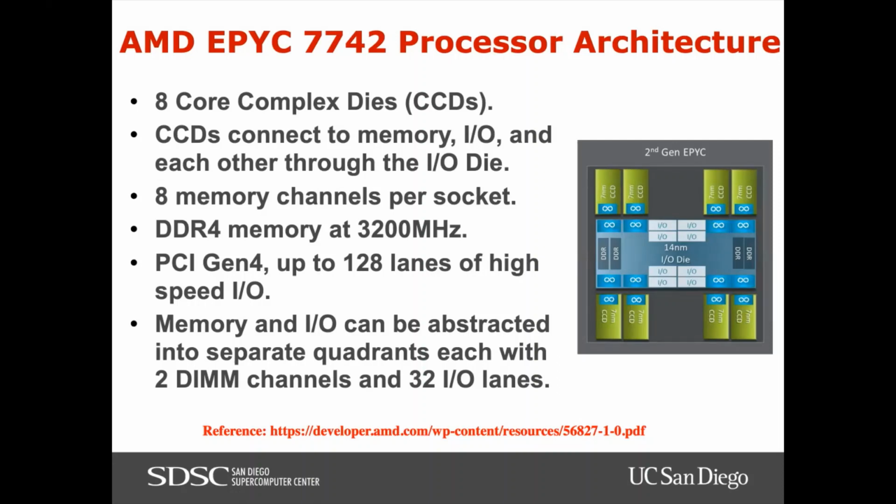And then the one other thing is the I/O devices, and this includes network, essentially, go through PCI Gen 4. And on Expanse, the network is associated with one of the sockets, and the other socket has to go through the bridge between the two sockets if it needs to use the network.